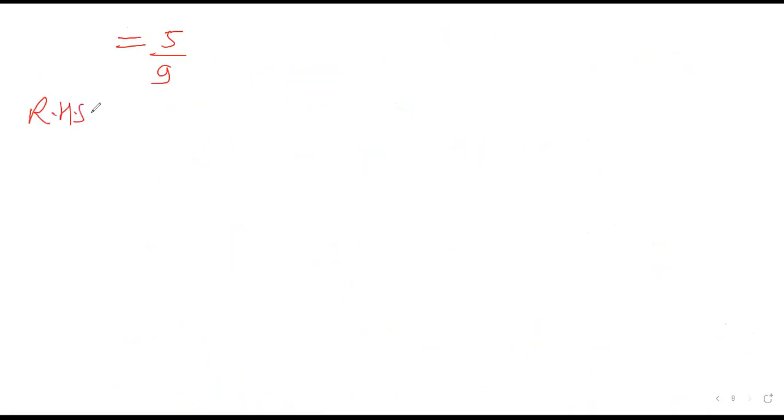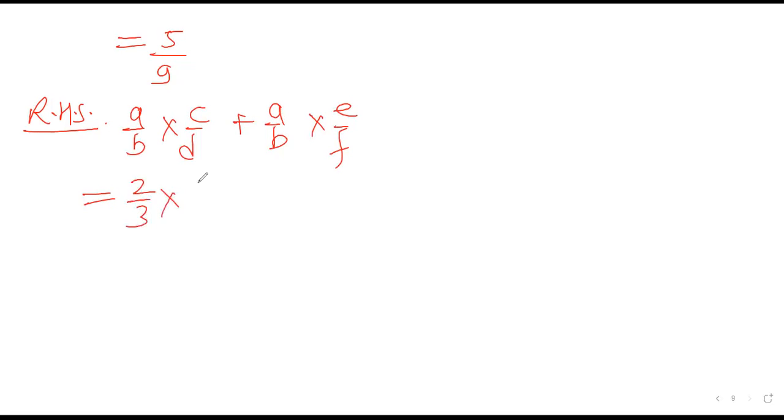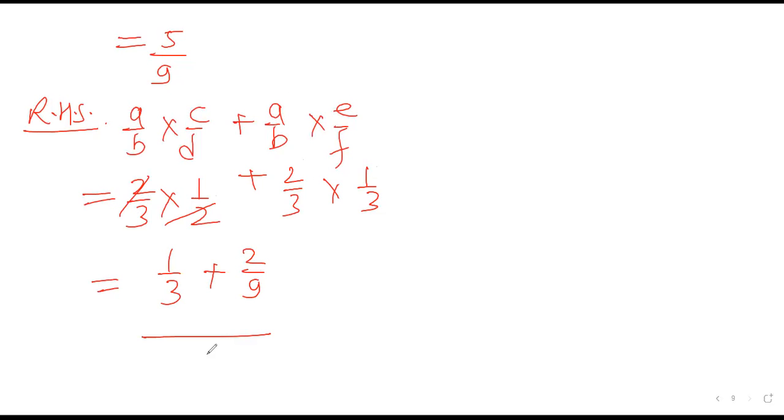Now I will try to solve the right hand side. That is a/b multiplied by c/d plus a/b multiplied by e/f. So 2/3 into 1/2 plus 2/3 into 1/3. Simplifying, you will get 1/3 plus 2/9. The LCM will be 9, so 3 threes are 9, 3 ones are 3, and 2.